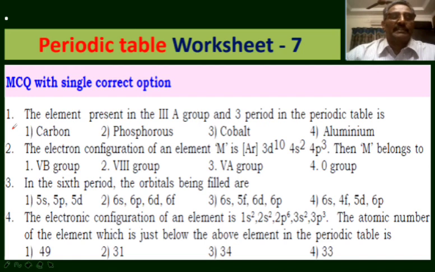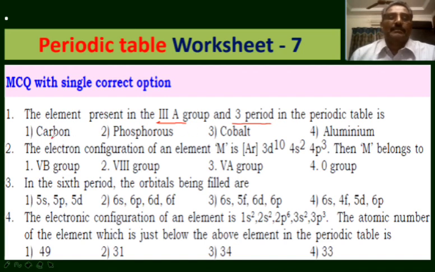The first question is: the element present in the third group and third period in the periodic table is. Third group means it should be a representative element, and third period.